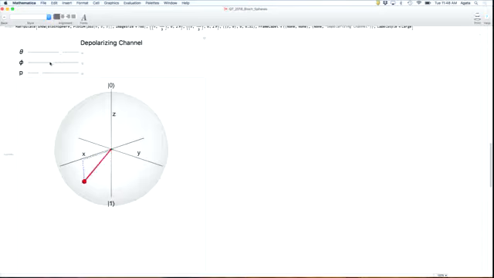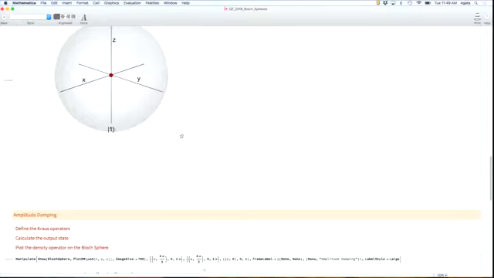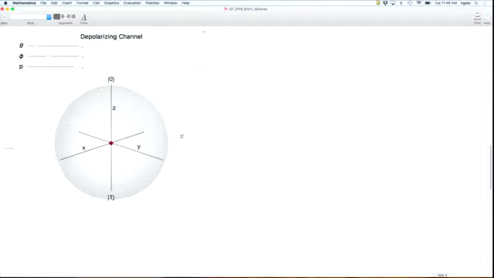If I change the state here, it'll always go to the identity. So this one completely reduces coherence in every single basis. Okay, and I have another one which I will show you on Thursday when we look at more general maps that can increase the purity.